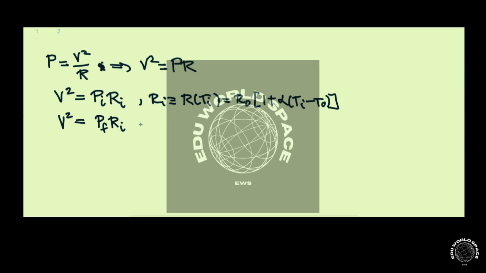It's the same battery. Sorry, that should be an F. And what I mean by RF is R at TF, which is equal to R naught times 1 plus alpha TF minus T naught.